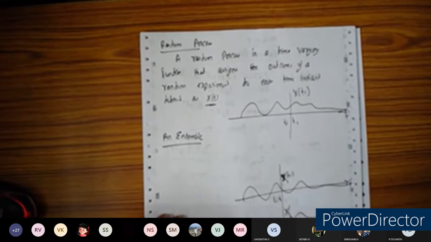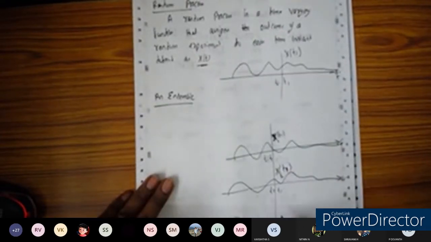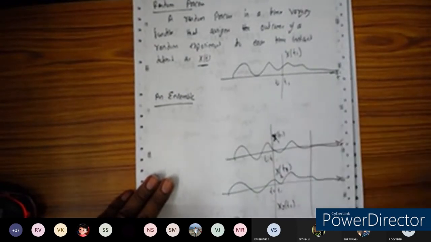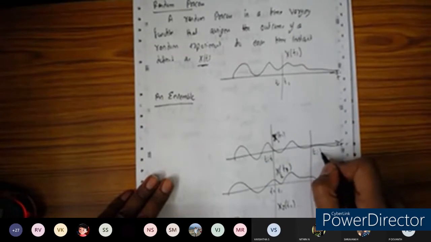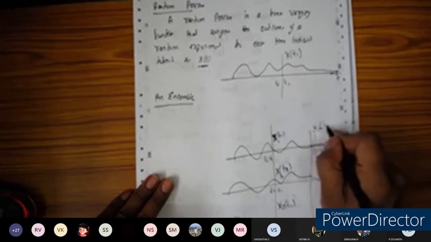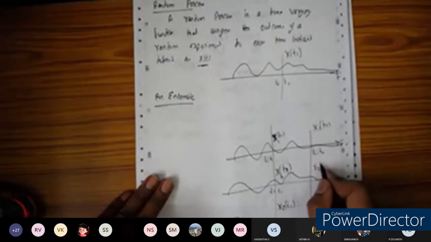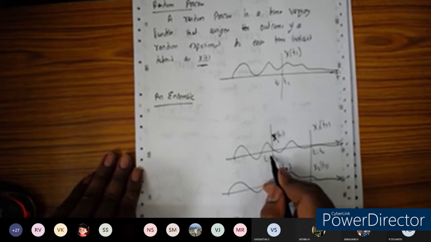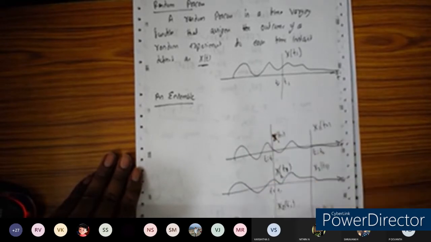I have different waveforms. This is x2 of t1, and since we are measuring at the time t1, this is x3 of t1. Similarly, I'm going to measure at another time, say t is equal to t2. So this is x1 of t2, x2 of t2, and x3 of t2. At a particular time t1, if I measure all the random processes, this collection of samples at that time is what we call an ensemble. The general meaning is a collection of data.